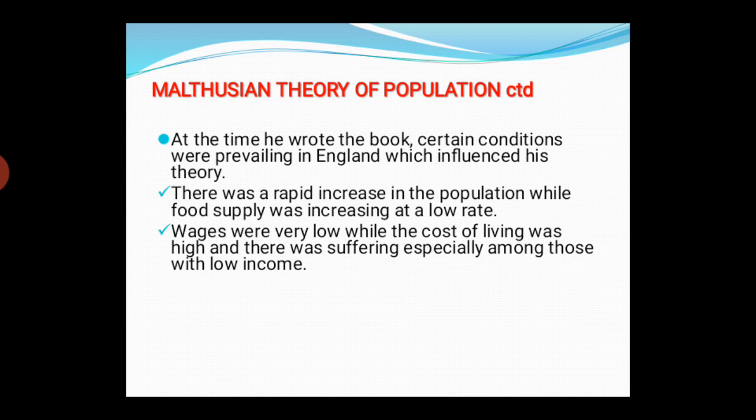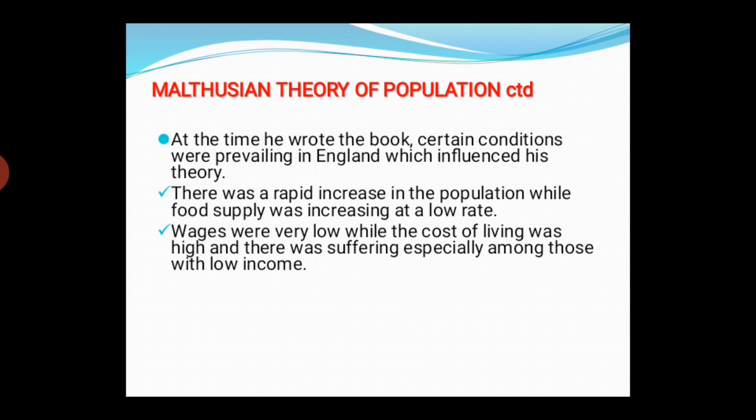However, at the time he wrote the books, certain conditions were prevailing in England, which influenced his theory. What are these conditions that prompted this man to write on population? We have two conditions.